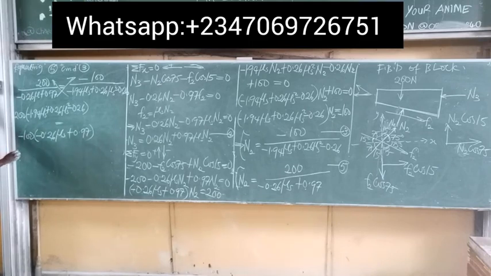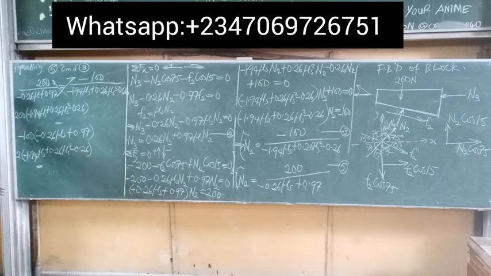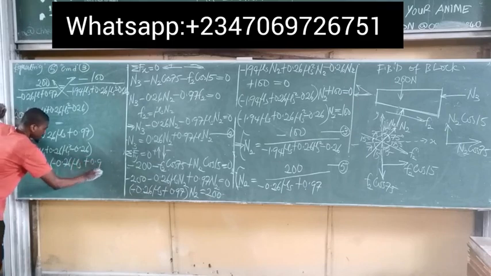I'll have 2 into the whole of this bracket: minus 1.94 mu x plus 0.26 mu x squared minus 0.26, and this is equal to minus 100 divided by 100, which becomes minus 1, times minus 0.26 mu x plus 0.97.